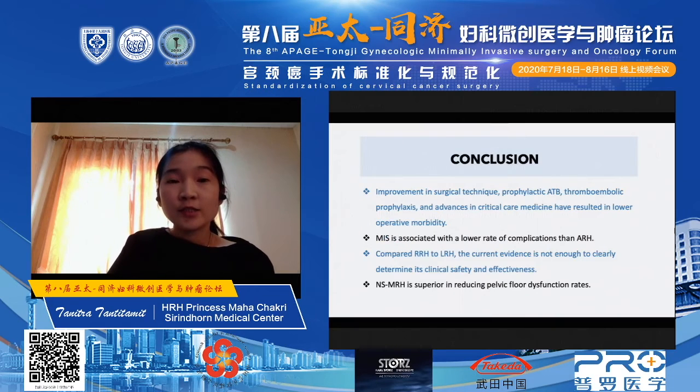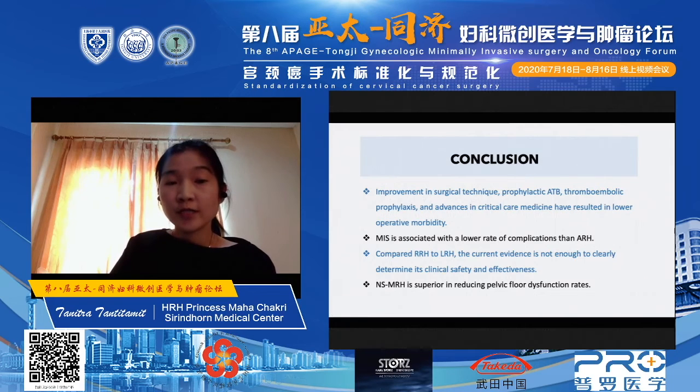Lastly, I would like to summarize my talk with this slide. With improvement in surgical technique, prophylactic antibiotics, thromboembolic prophylaxis, and advances in clinical care, this has resulted in lower perioperative morbidity. Minimally invasive surgery is associated with a lower rate of complications than abdominal radical hysterectomy.